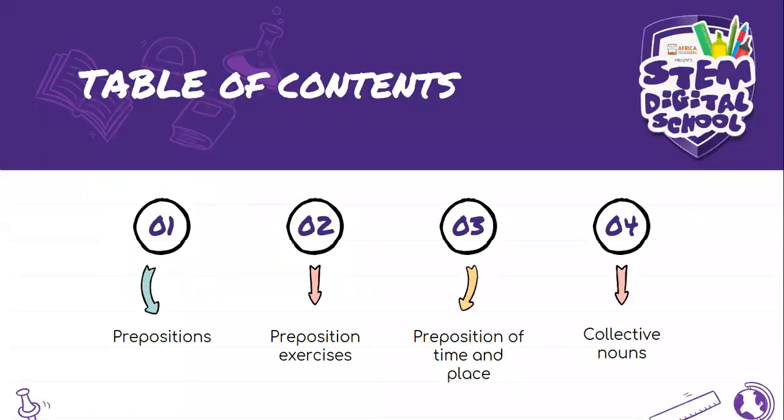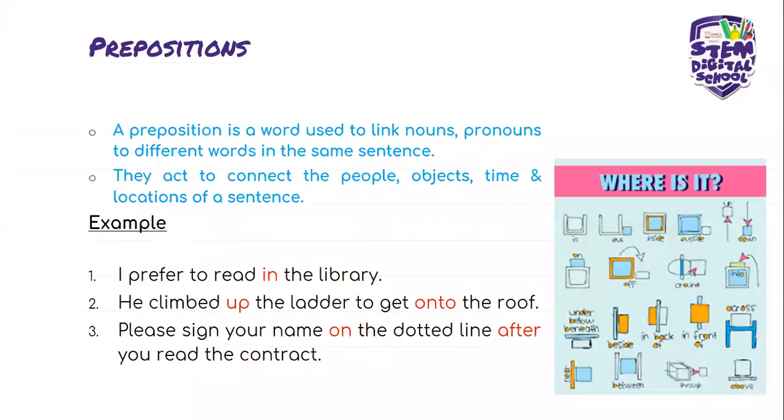The table, like we said, we will do prepositions, the exercise, prepositions of time and place, and collective nouns. Prepositions are words used to link nouns, pronouns to different words in the same sentence. They act to connect the people, objects, time, and location of a sentence.